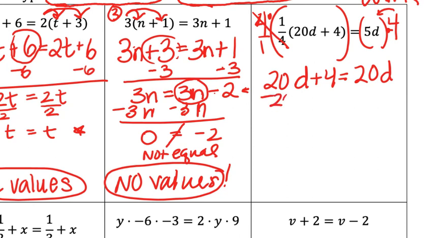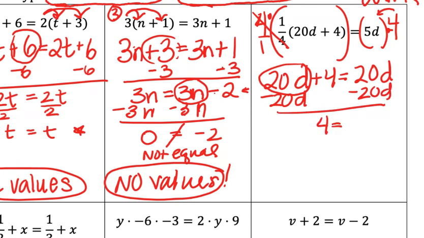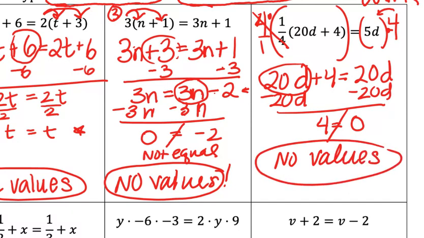But if we continue to solve, my variables are on the right side, so let me get rid of the variable on the left and move it over. I get 4 equals 20d minus 20d is 0. This is where you're really going to have to pay attention to what you're doing in the math here. 4 will never equal 0, so this is no values.